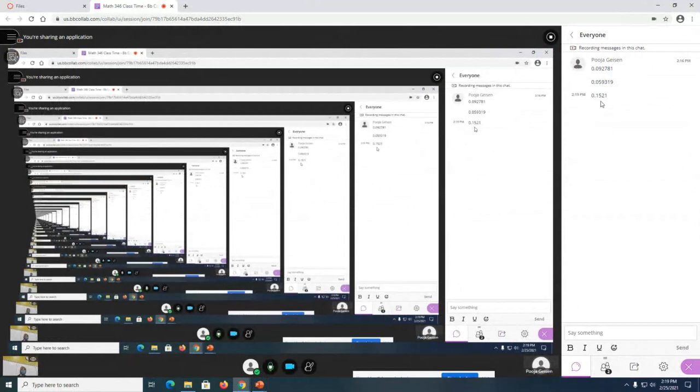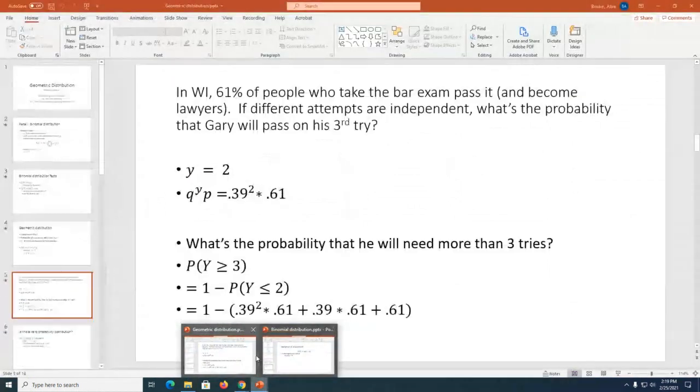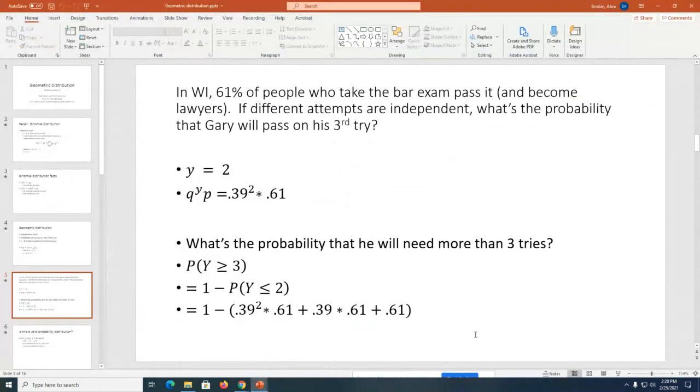Pooja says 0.1521. Does that agree with what other people got? Sam, you getting a different number? Yeah. Well, when I put that in, I get 0.05.